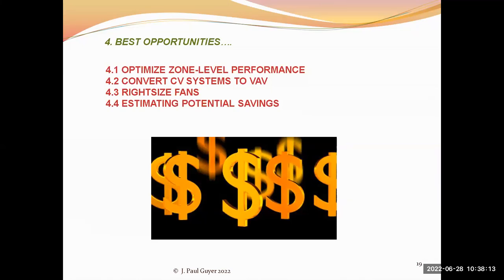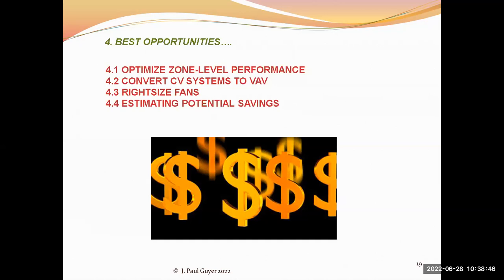This is a good energy improvement step. It is kind of tricky, if you will, to design the conversion, and it needs to be done by a mechanical engineer who has substantial experience in converting constant volume systems to VAV.